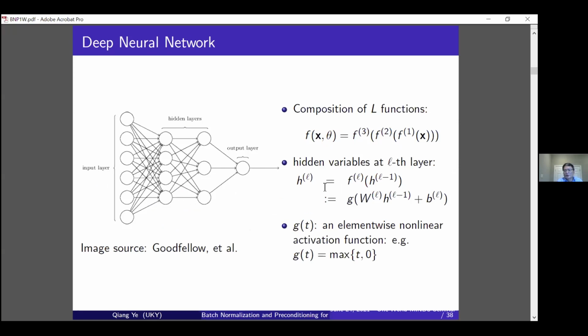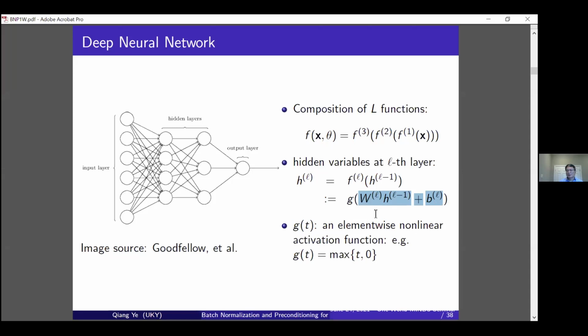Each function there is basically an affine transformation combined with a simple nonlinear function G. And G here is a simple nonlinear function such as ReLU, but traditionally logistic sigmoid, etc., have also been used. This G is applied element-wise to this vector here. It's called the activation function.